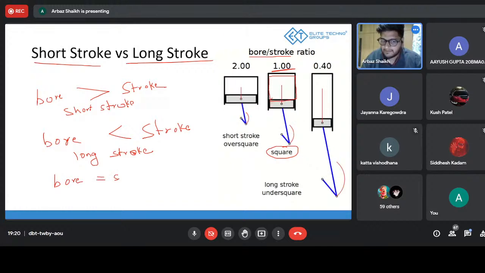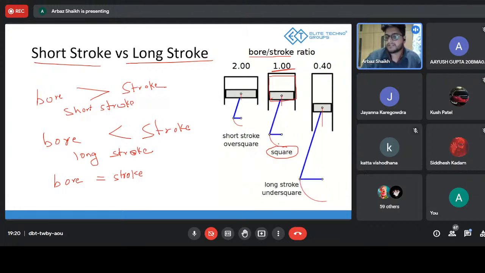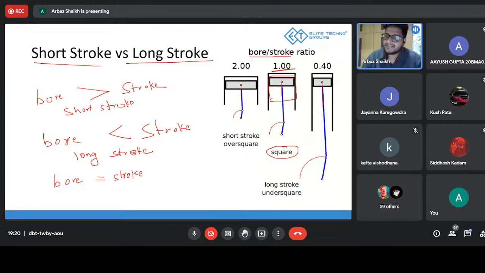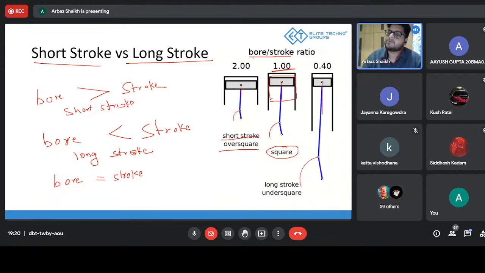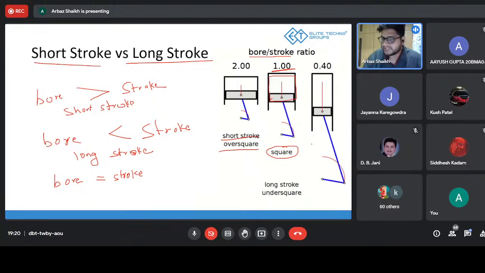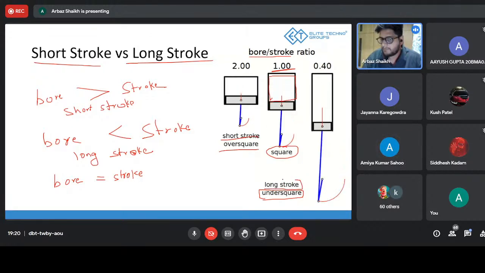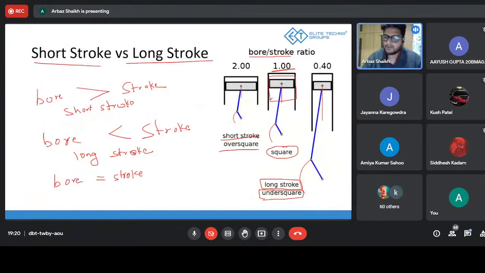If bore is greater than stroke, it is called a short stroke engine or oversquare engine. And if the bore is lesser than the stroke, it is called a long stroke engine, an undersquare engine.